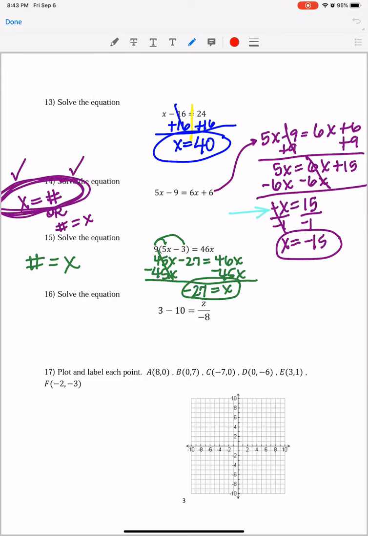Okay, on 16, still solving. I maybe should have done this a while ago, but your first step when you're solving these is to distribute first, just like we did right here. Second thing to do is combine like terms.